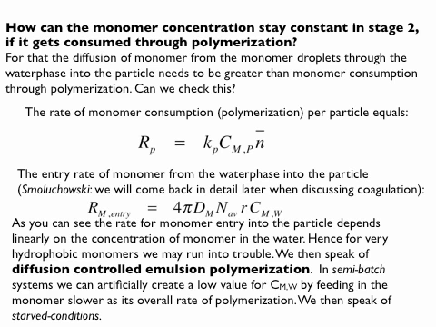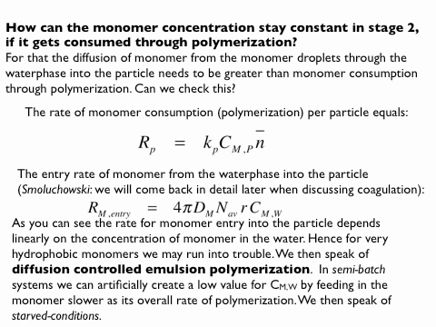Because if I do a polymerization inside the particle, and if my polymerization is really fast, monomer has to enter the particle at a speed greater than its consumption. But if it doesn't do that, that basically means that I will have a shortage.